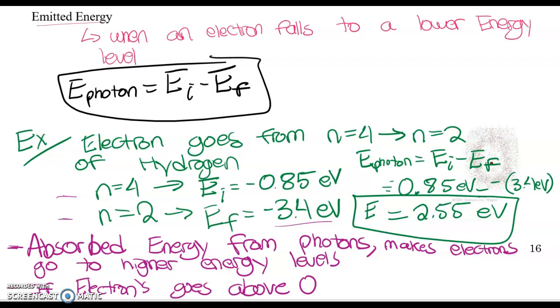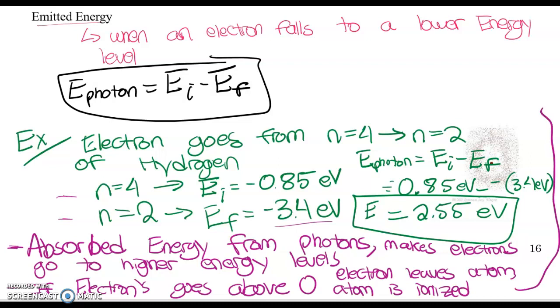Well, the electron's energy goes above 0, and it leaves the atom. And the atom becomes ionized. And I know I'm running out of room here, so I'm going to have to sneak up here. But if it has leftover energy, that leftover energy becomes kinetic energy of that electron. So the more energy it has left over, the faster it's going to move when it's done.